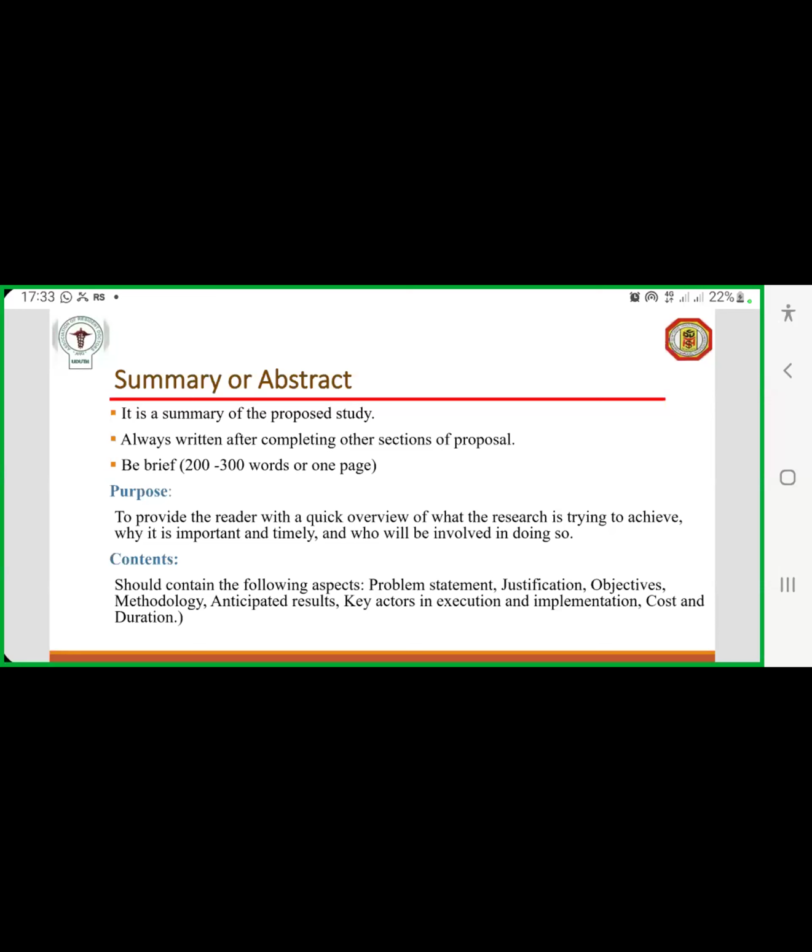Most abstracts should not be more than 300 words, but in some cases, some say 250 and some say 350. But within 200 to 350 words, depending on the faculty or college. So that is the abstract.